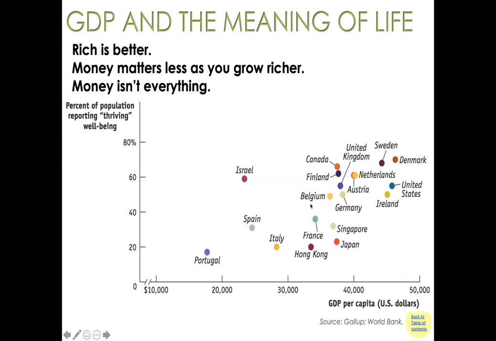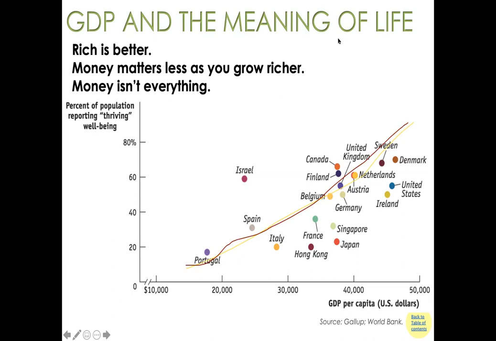Now, we have so many countries. On average, if you look at the bigger trend, there is a positive correlation, right? There's a different color to highlight it. So there's a positive trend.